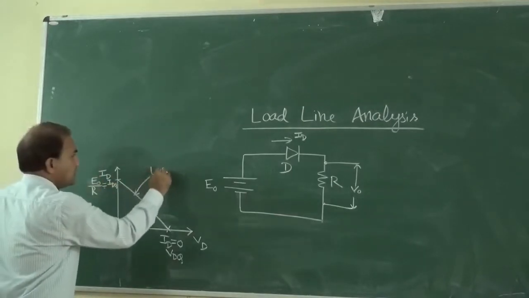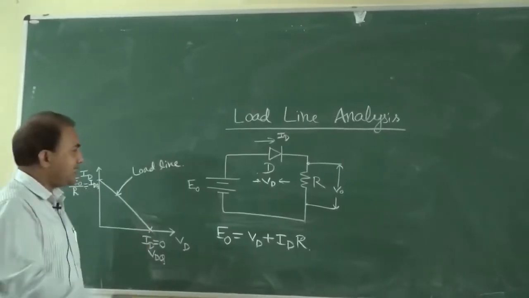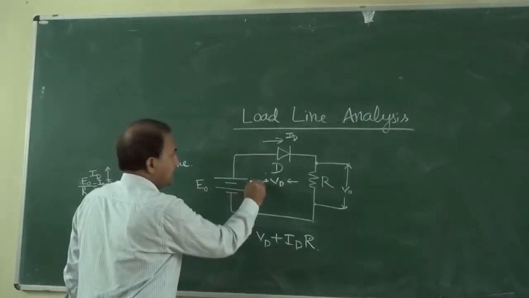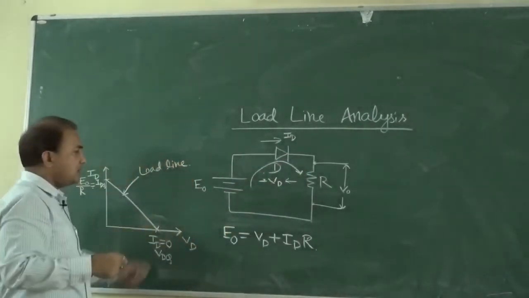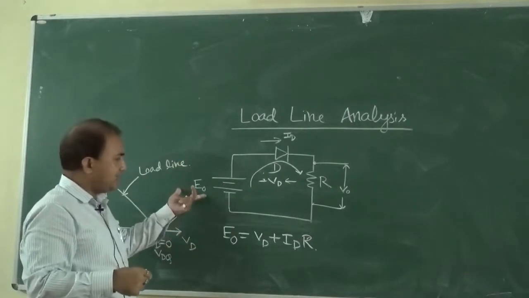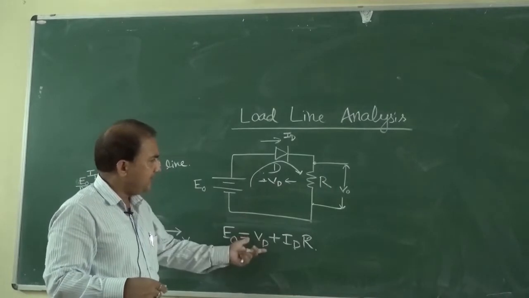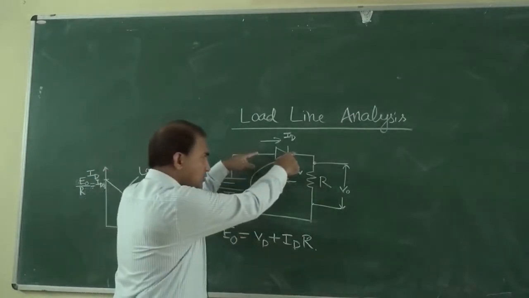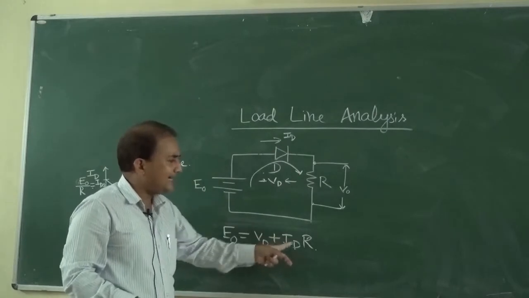Now we can write the current equation by using Kirchhoff's law: E naught is equal to VD, the voltage dropped across this diode, plus ID into R.